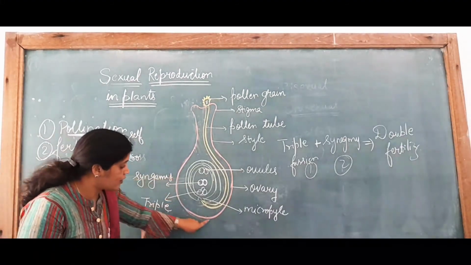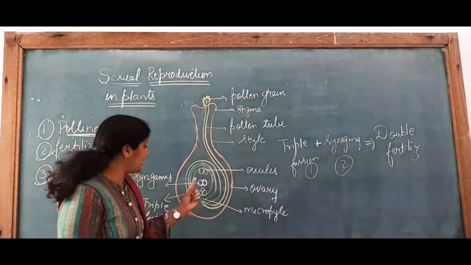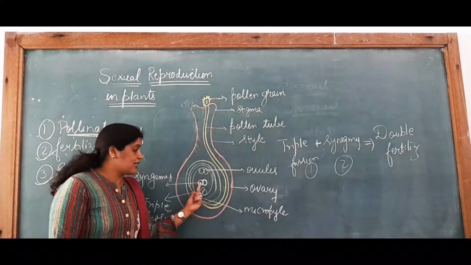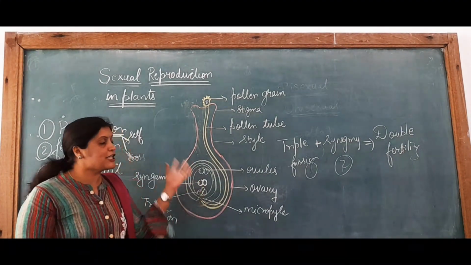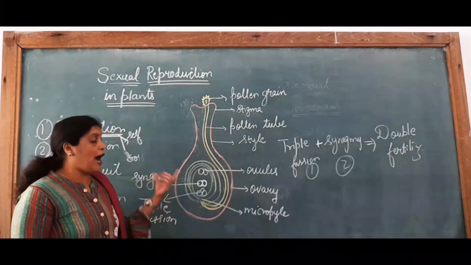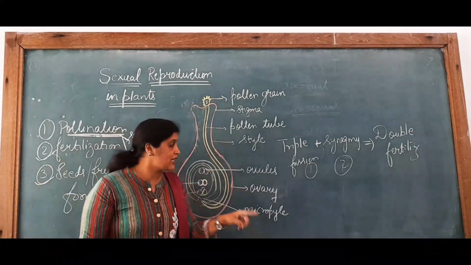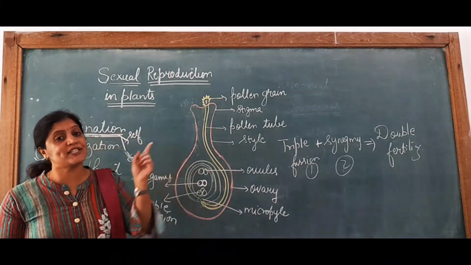The ovary of the carpel converts into fruit, and the ovules present inside the ovary convert into seeds. Listen properly. After fertilization, the ovary converts into fruit and ovules convert into seeds.